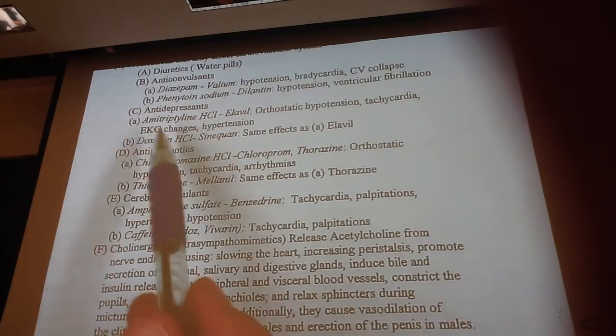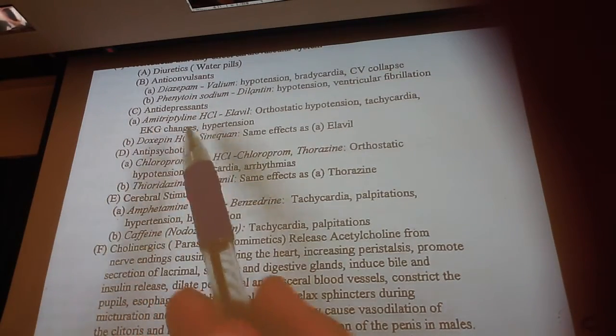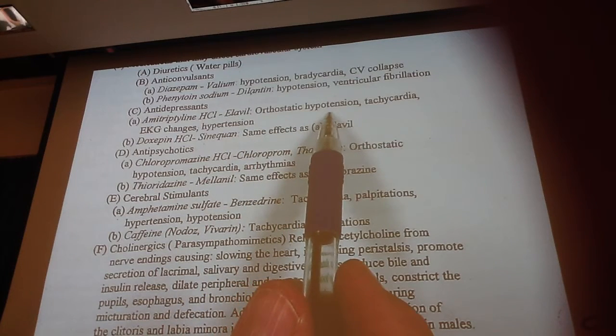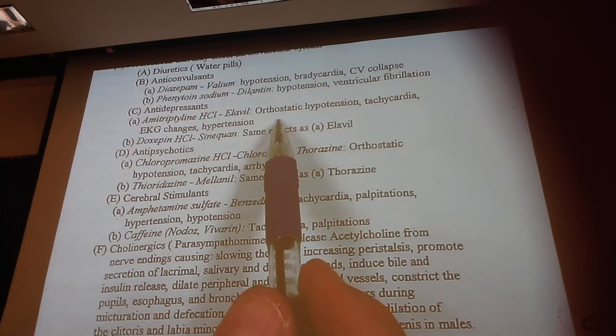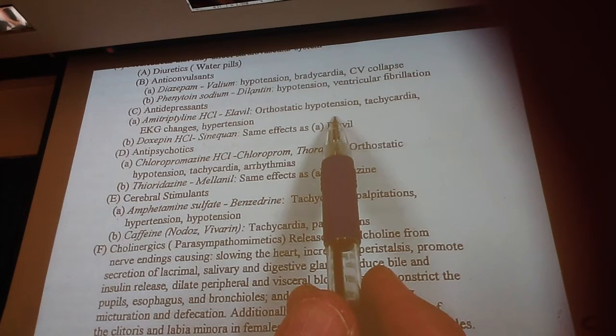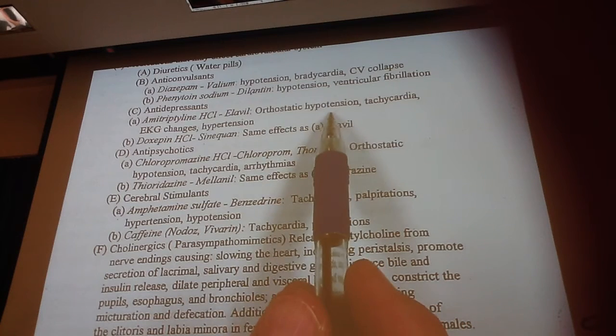The antidepressants, kind of the same thing. Notice orthostatic hypotension. What the heck is orthostatic hypotension? Decreased blood pressure upon standing. Yeah. One of the things you've probably noticed when you sit a patient up too quickly, they feel dizzy. That's orthostatic hypotension.